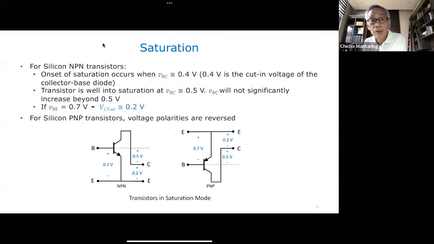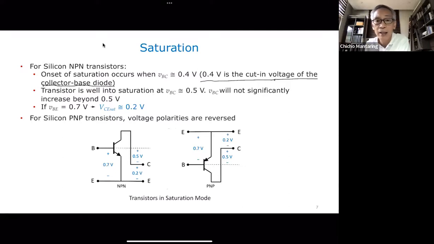Okay, so saturation happens when your collector base starts becoming forward biased. Now it just so happens that the cut-in voltage of your collector base diode is about 0.4 volts. This is the cut-in voltage of the collector base diode.